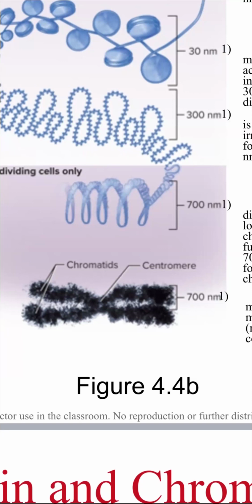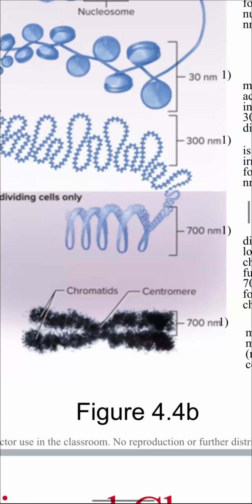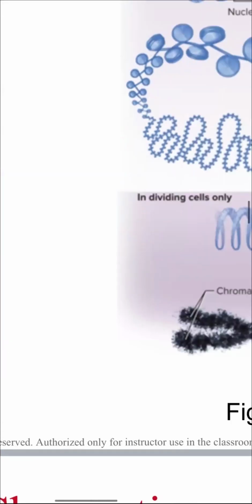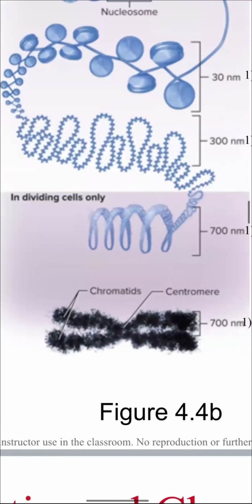So there's actually two chromosomes here. But since each of the chromosomes are connected to each other, it only counts as one chromosome. Weird, right? So you have one arm, and right here's a second arm. Since they're connected in the middle by the centromere, it only counts as one chromosome.